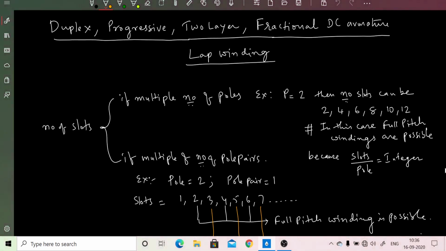Now, in this class, we will be taking a duplex winding with fractional nature, and also more number of coil sides per slot. Okay, so this is a very important example we are going to deal with today.